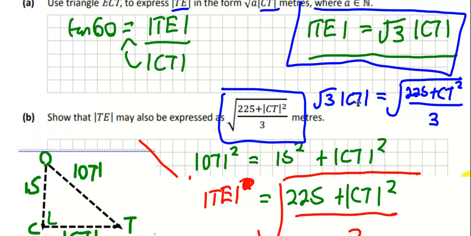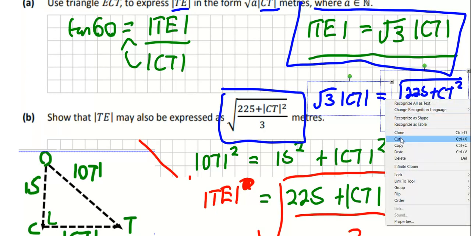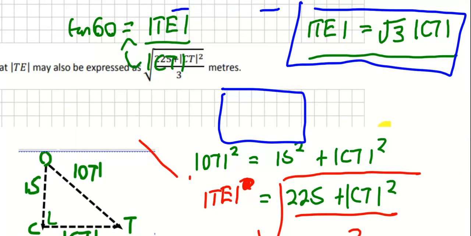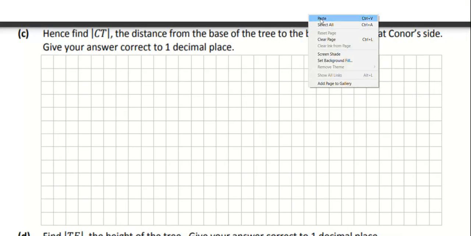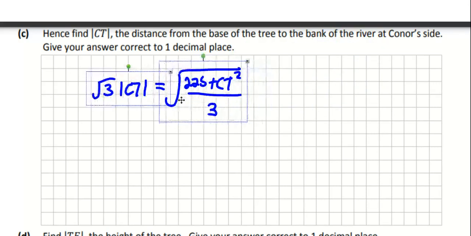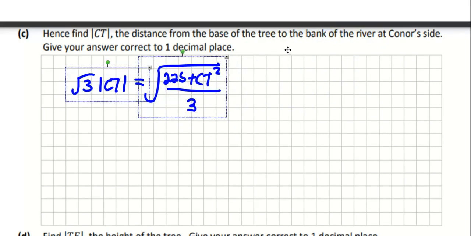Okay, so I'm just going to copy and paste this over. And I think that's how we're going to do the next part, because it wants us to find CT. And lo and behold, we have CTs here. Now, I'm going to square both sides to begin.